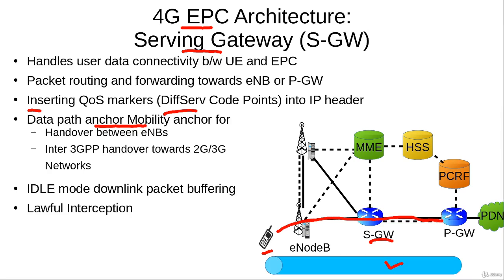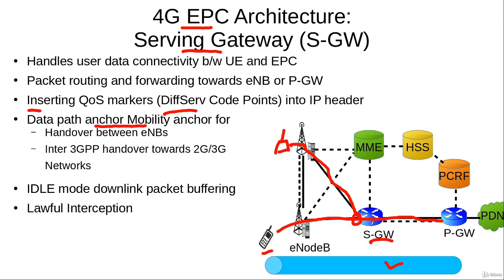Now if this user equipment moves from this eNode B to here, in that case there would be a handover with this eNode B, and this data path would be switched like this. But here we can see that its point of contact with the core network remains the same.